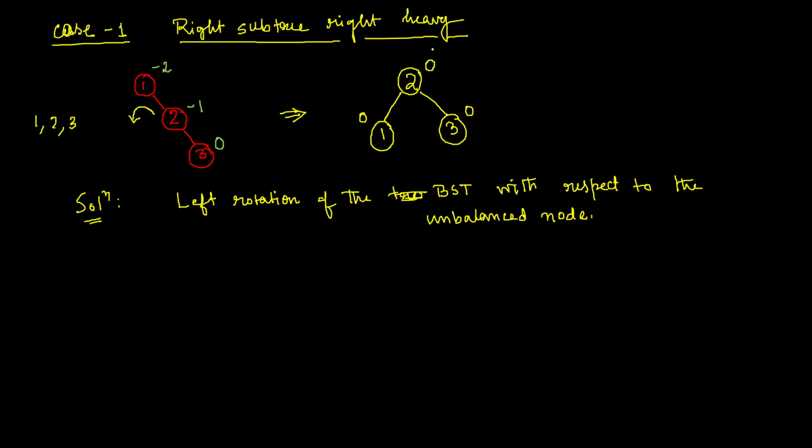So actually, to answer this question, if an arbitrary set of numbers is given to create a BST, actually an AVL tree, then when you find that some node is unbalanced, the first job is to identify under which case it is unbalanced, and the second point is that you have to rotate it properly.